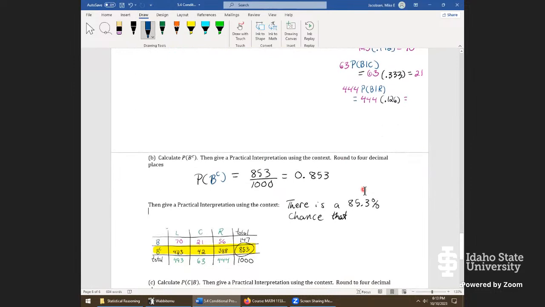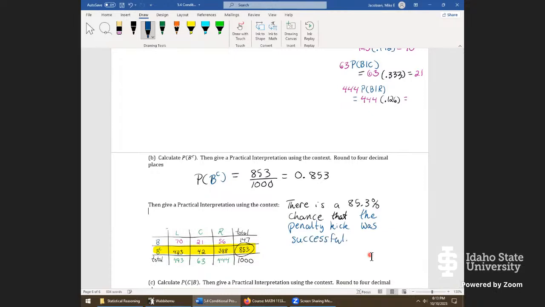So there's an 85.3% chance that the penalty kick, and you can always say was not blocked. That's completely accurate. But if you feel like just some more ordinary words might be okay, that should be just fine. So instead of saying the penalty kick was blocked, let's just say the penalty kick was successful.